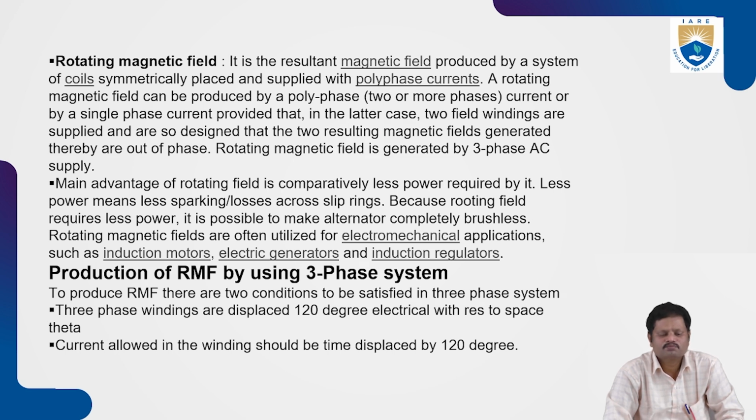Less power means less sparking, and losses across the slip rings are less. It is possible to make the alternator completely brushless.